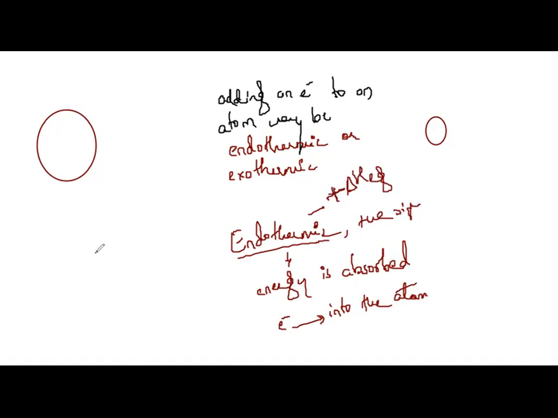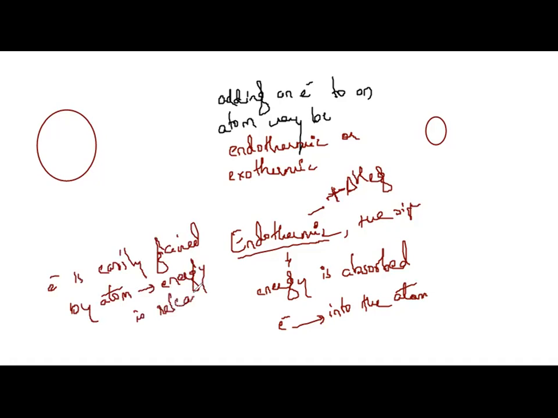Now, for certain atoms, the electron easily gets attracted, easily goes into the orbital of the atom. It is easily gained by an atom. So when it is easily gained by an atom, what happens? Energy is released. Large amount of energy is released. And such a process is called what?